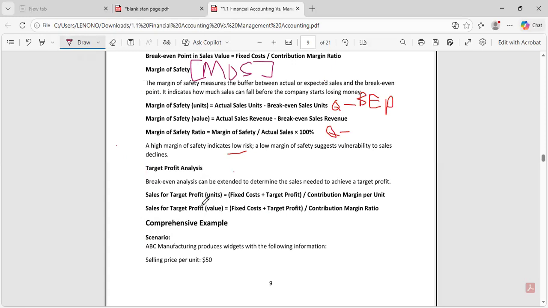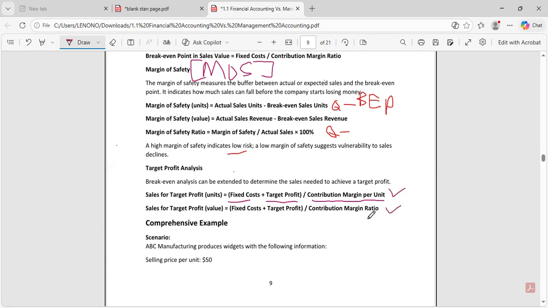So sales for a target profit is fixed cost plus target profit over contribution margin per unit. Or sales for target profit will be fixed cost plus profit over contribution margin ratio. We can use either one.